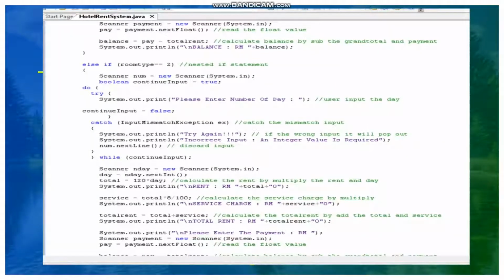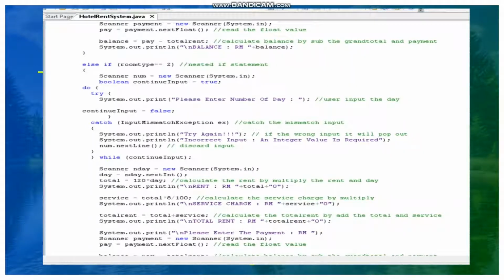Next is pay equal to payment.nextFloat, to read the float value. Balance equal to pay minus totalRent calculates the balance by subtracting the grand total and the payment. Else if the room type equals 2, it is a nested if statement, and System.out.print please enter number of days is the user input for the day.